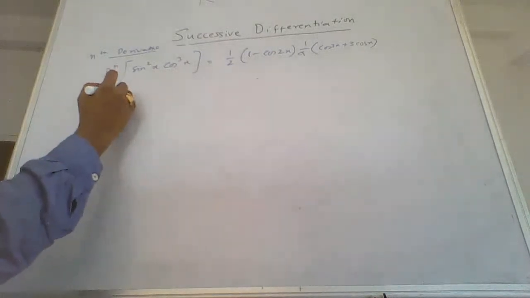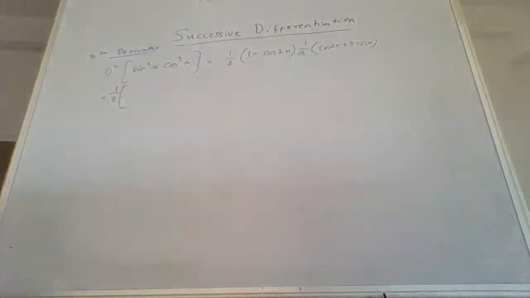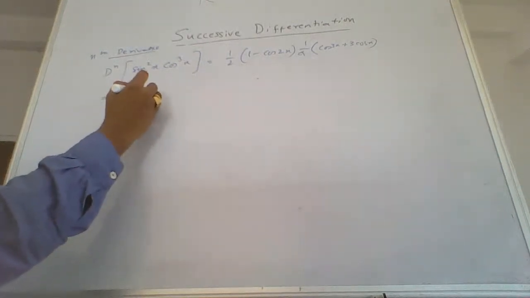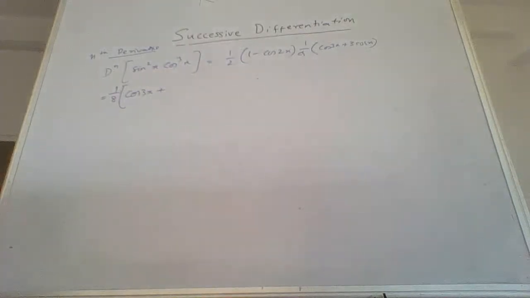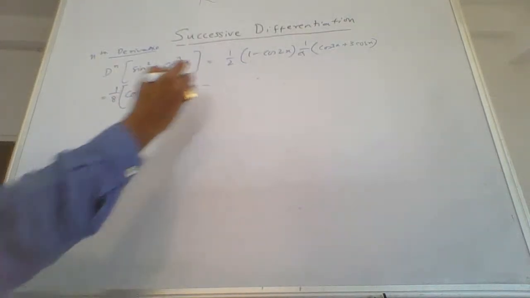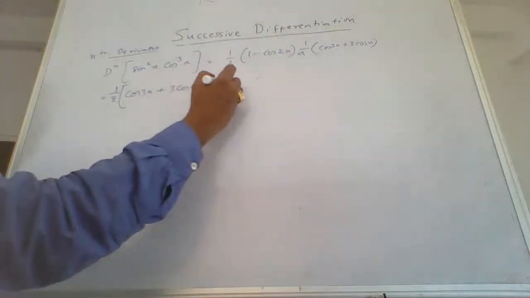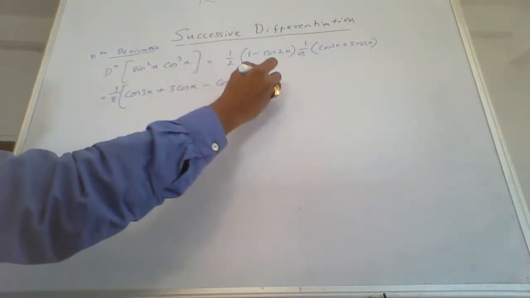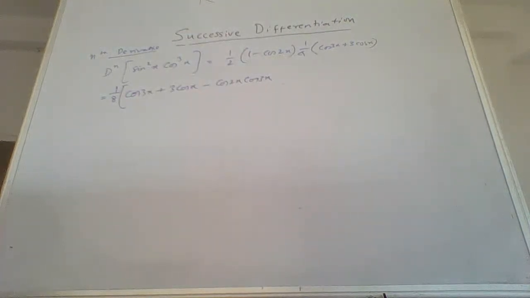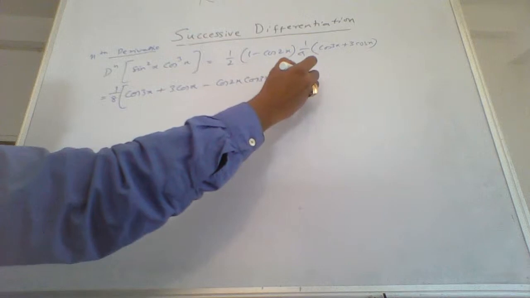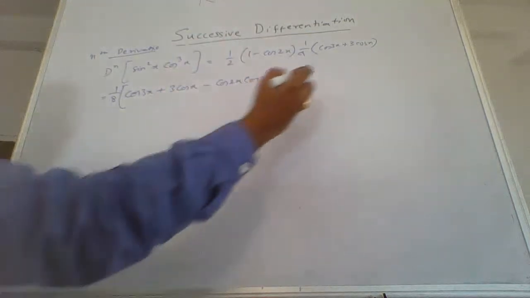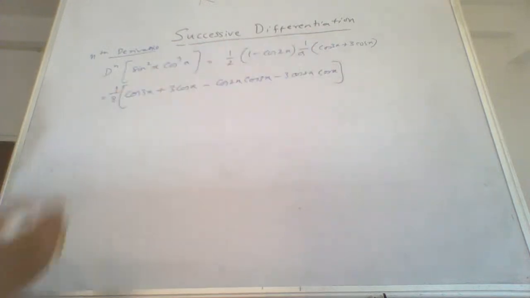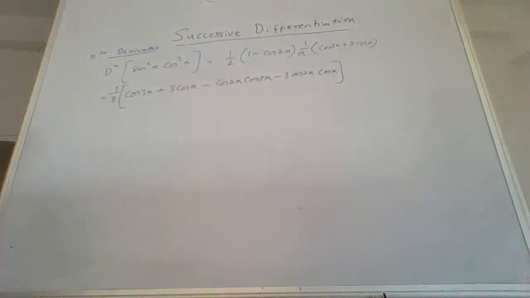So I get 1 by 8 times that of cos 3x plus 3 cos x minus cos 2x times cos 3x plus 3 cos x, that is, cos 3x minus 3 cos 2x, and I'll have cos x. That's what I get.